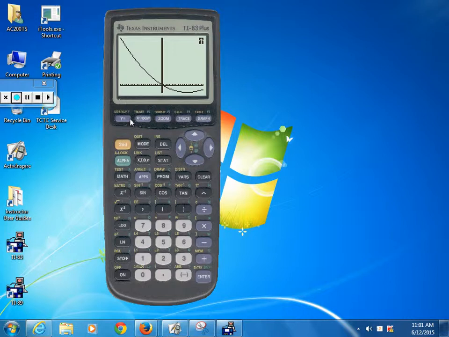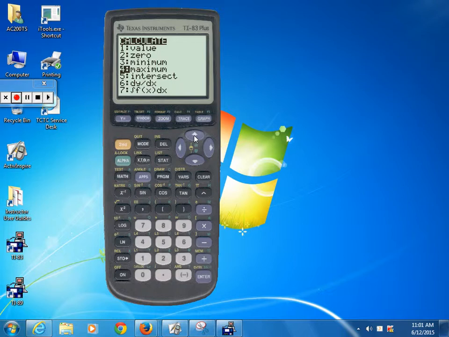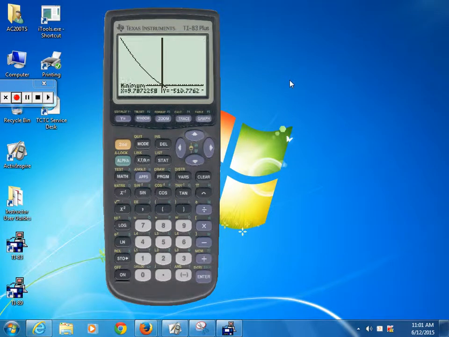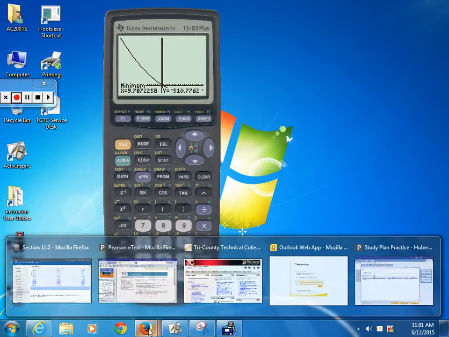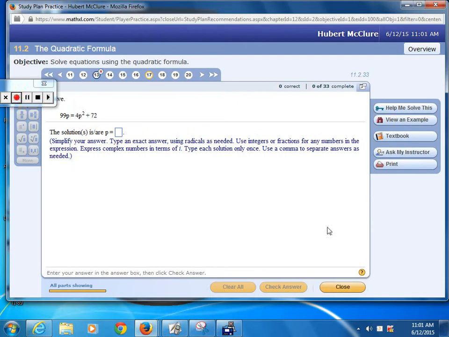Hold on. Zoom, trace, minimum. Alright, that's not right. What was that question asking for anyway? It's not asking for the x-intercepts. Yeah, it is.